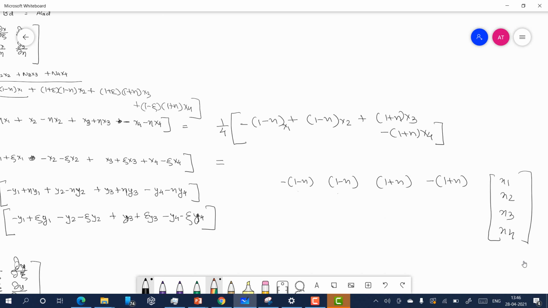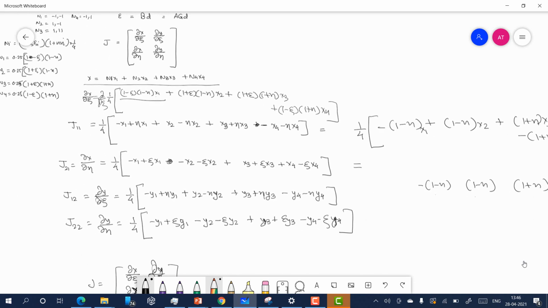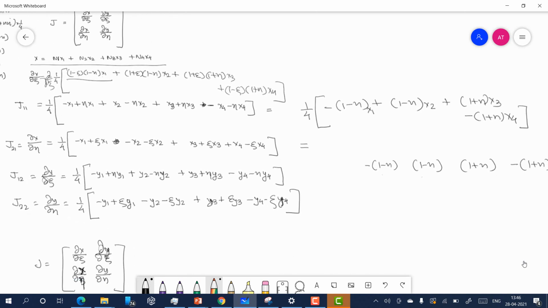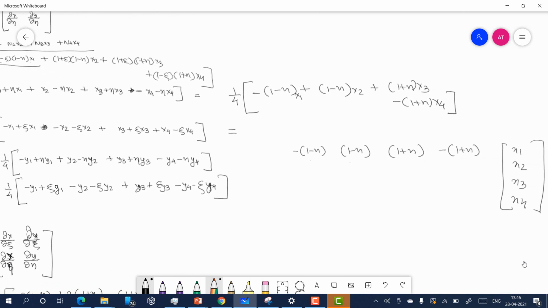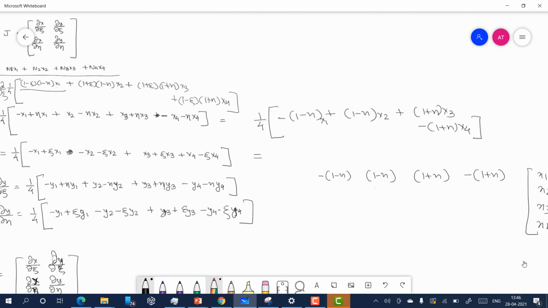The second component I will get, so what is the second component? It is del y by del eta, which is J12. So here I will have to multiply with y1, y2, y3 and y4, right? And what will be the component here? So I will have the component J12. Where is J12? J12 is going like that there. Okay.